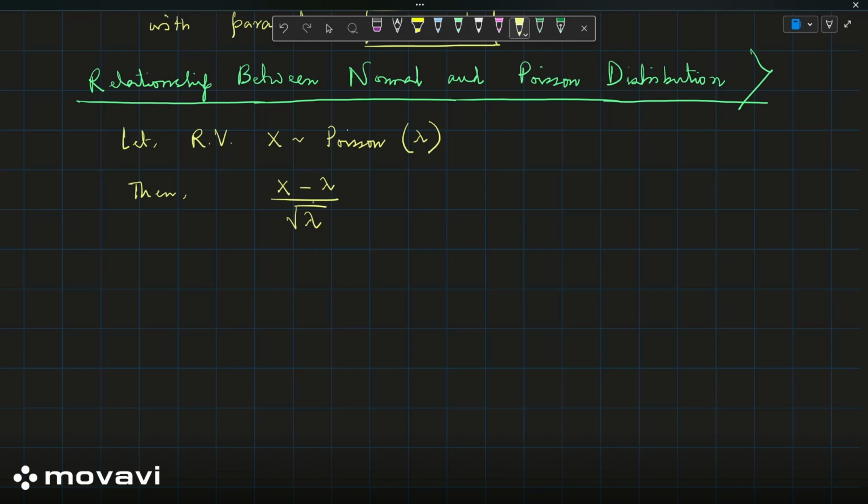Remember, mean is lambda and standard deviation is root over lambda. This follows normal 0, 1 as lambda tends to infinity.